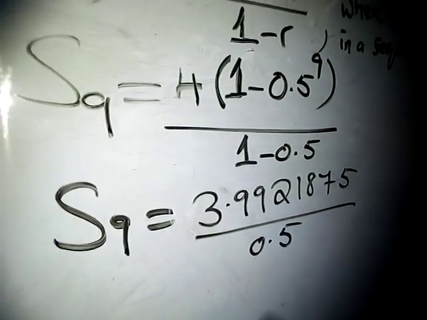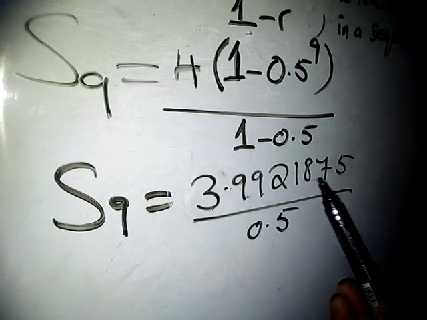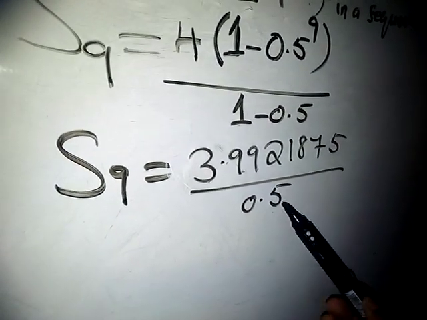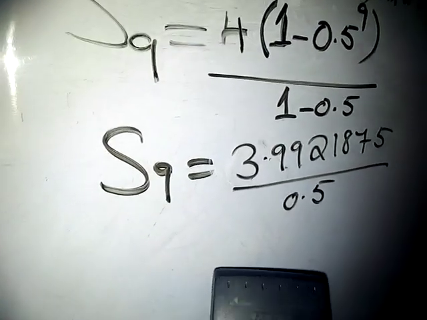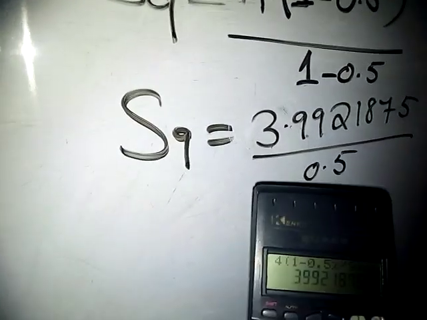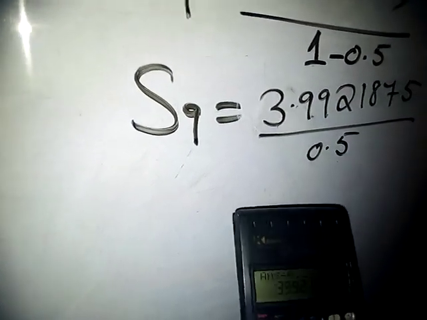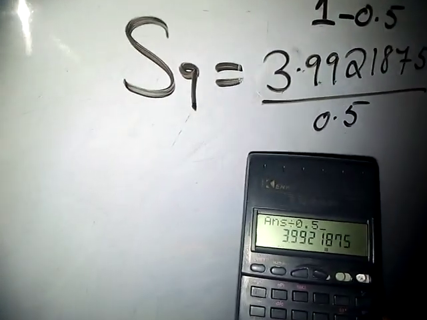So you see that the numerator is giving us 3.992185 over 1 minus a half, which is 0.5. If you punch this on your calculator, we see that we're going to have this number divided by 0.5. When you do so, you press the equal sign and there you go, you have your answer.